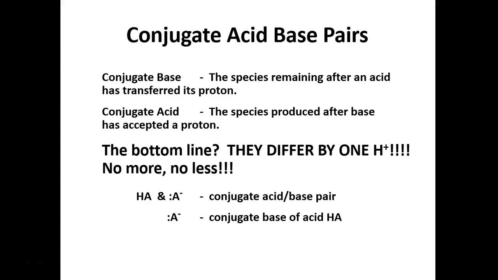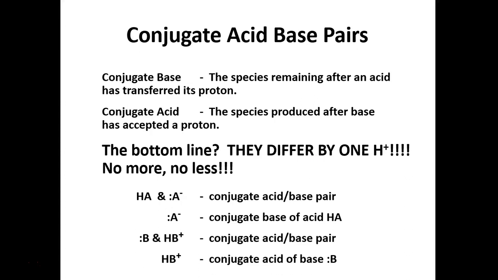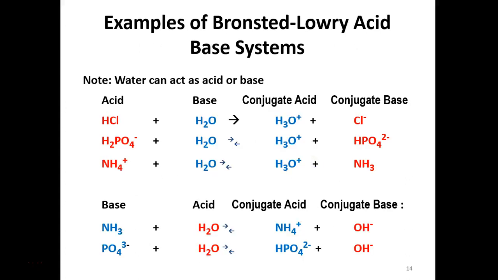So HA and A- are a conjugate acid-base pair. They only differ by a hydrogen. And we could say that A- is the conjugate base of acid HA. And B and HB+ are a conjugate acid-base pair. And HB+ will be the conjugate acid of base B.